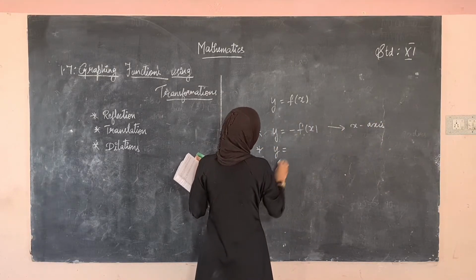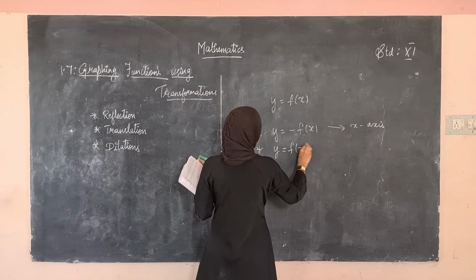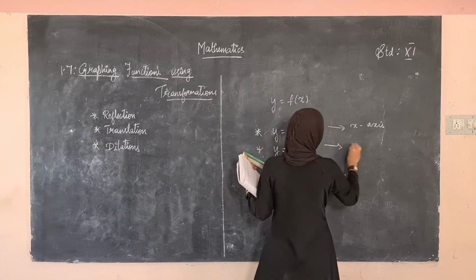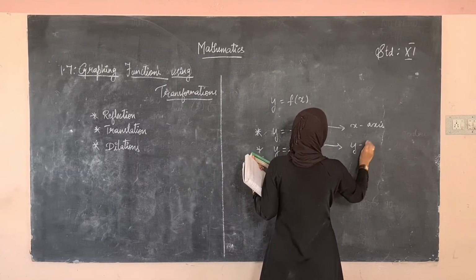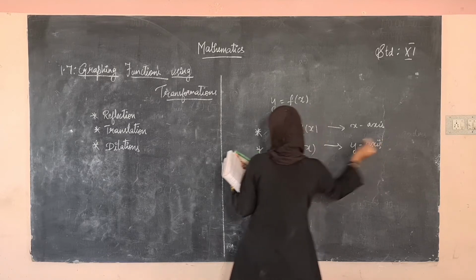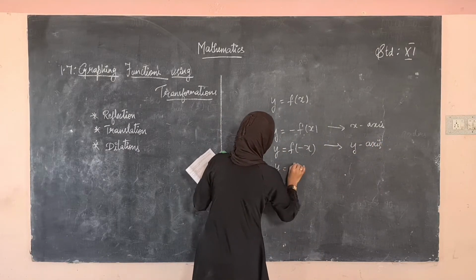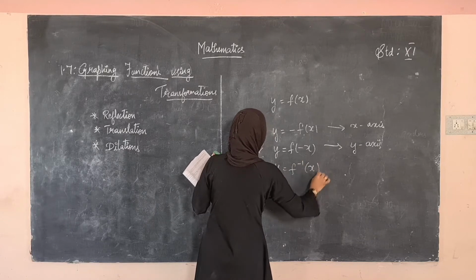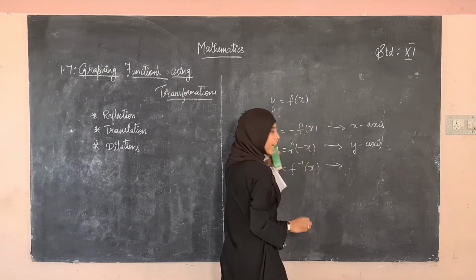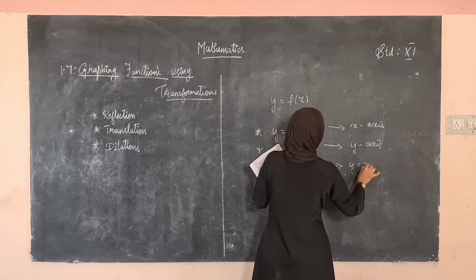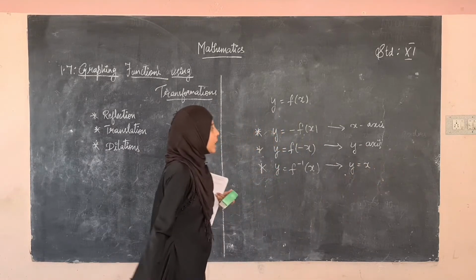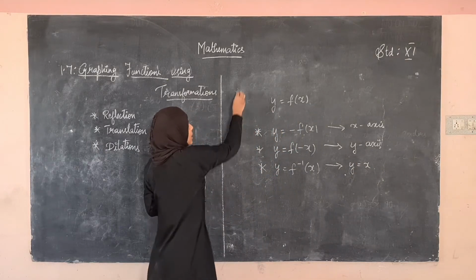If the function becomes y is equal to f of minus x, then the reflection is about the y-axis. And if the function becomes the inverse, that is y is equal to f inverse of x, the reflection is about the line y is equal to x. These are the three things in reflection.